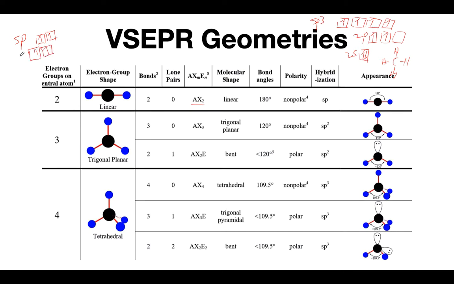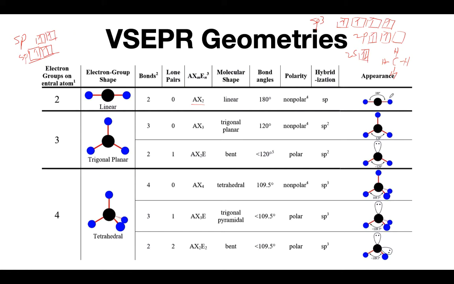So this will be the sp hybridized orbital. So 1 electron is excited to the empty p orbital. Using these two to form the bonds, in this case, this will be linear because those two are perpendicular to each other.